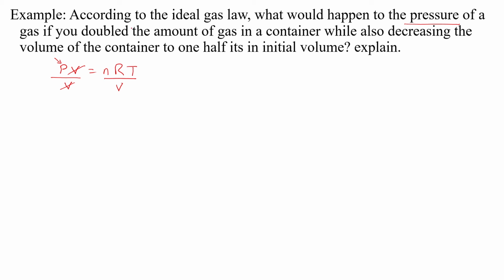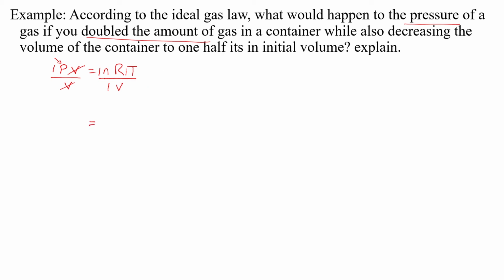Now, if you look at what is given, it is that you double the amount of the gas. Right now, the amount of the gas here is 1. So the coefficients that we have with all these variables are 1 right now. Like this is 1P, this is 1n, this is 1T, and this is 1V, right? That's the initial conditions we have. But what would happen if you double the amount of the gas?